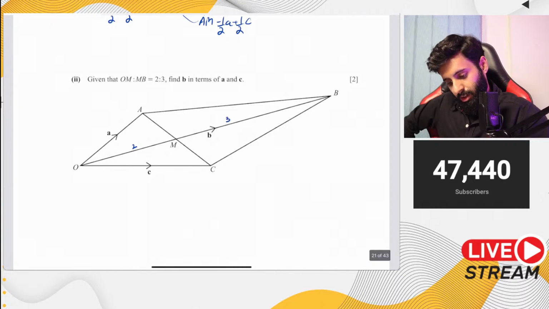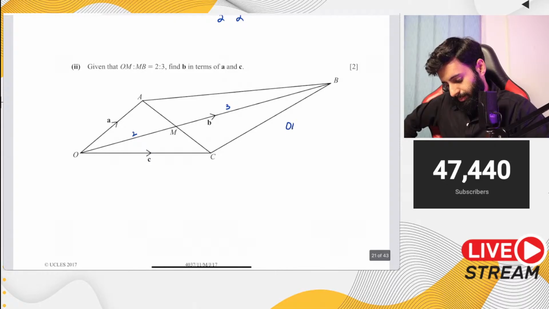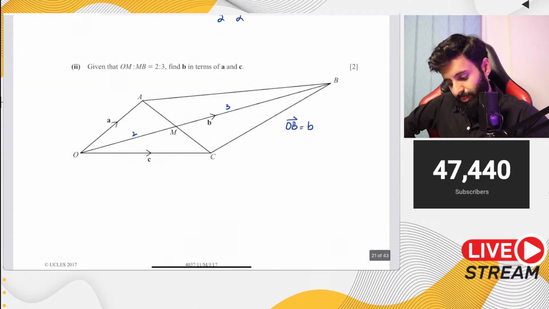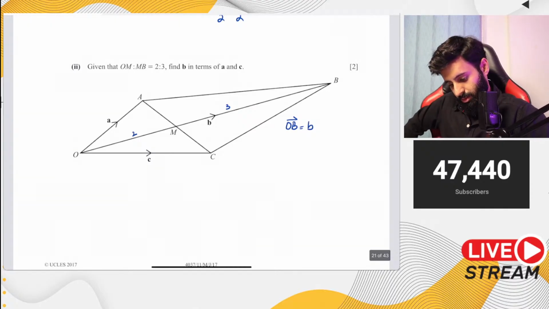Also we know from before that OB is equal to B. What do we need? We need B in terms of A and C. Interesting.